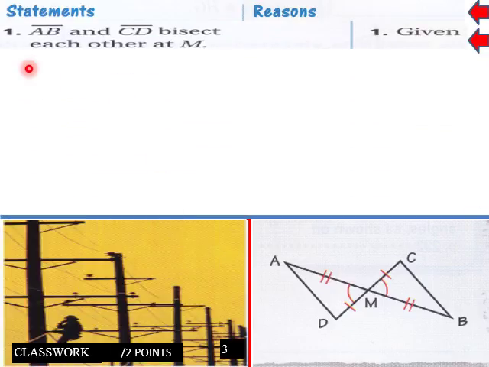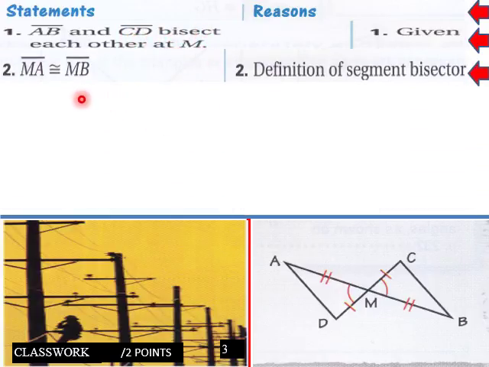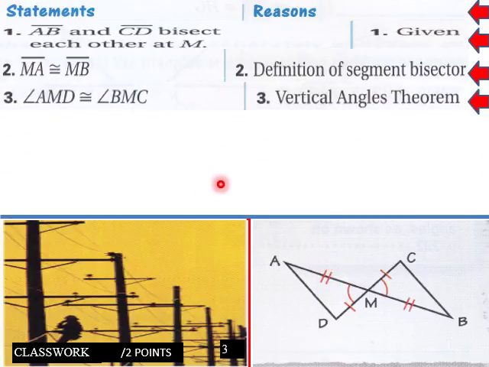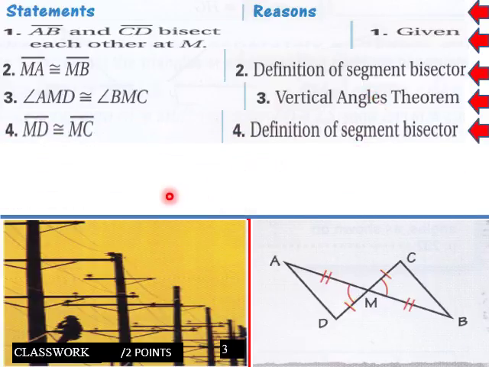Okay, reasons here again. AB and CD bisect each other at M. Line segment MA is congruent to MB. Here's the hash marks. Angle AMD is congruent to angle BMC. These angles are congruent by vertical angles.